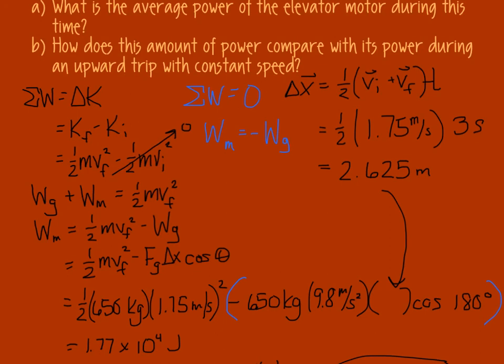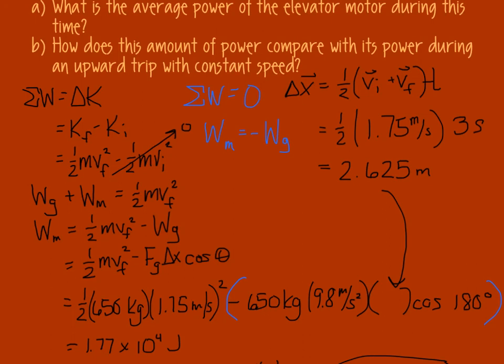Now it's not going to be the exact same displacement, because this displacement assumed that it started from rest and was speeding up to going 1.75 meters per second. We know that the displacement depends on how fast it's going. And in part B, it doesn't tell us what that constant speed is.